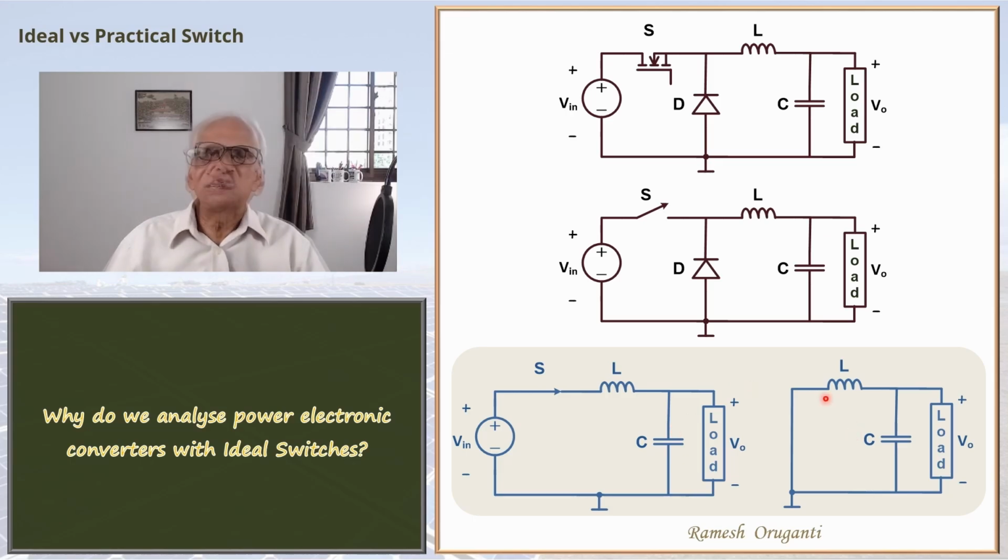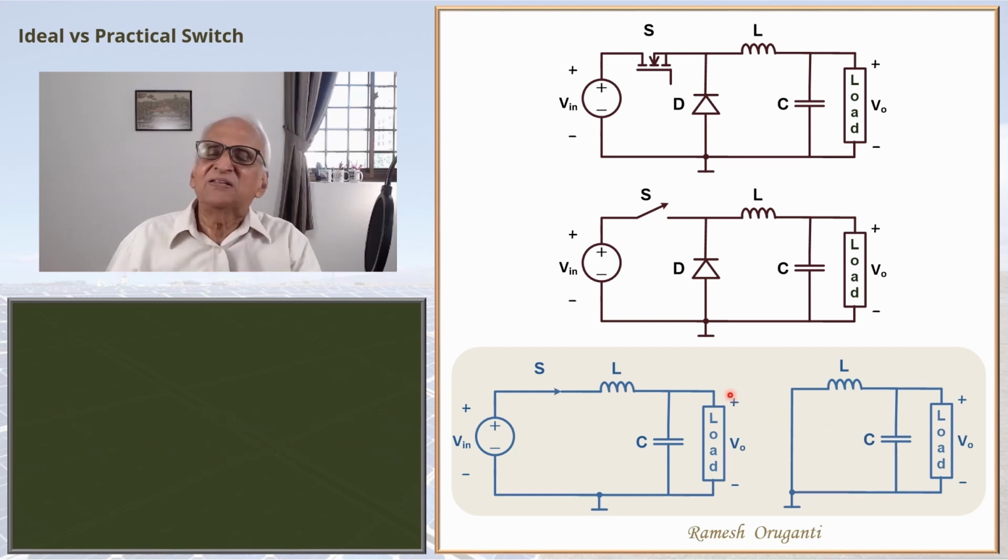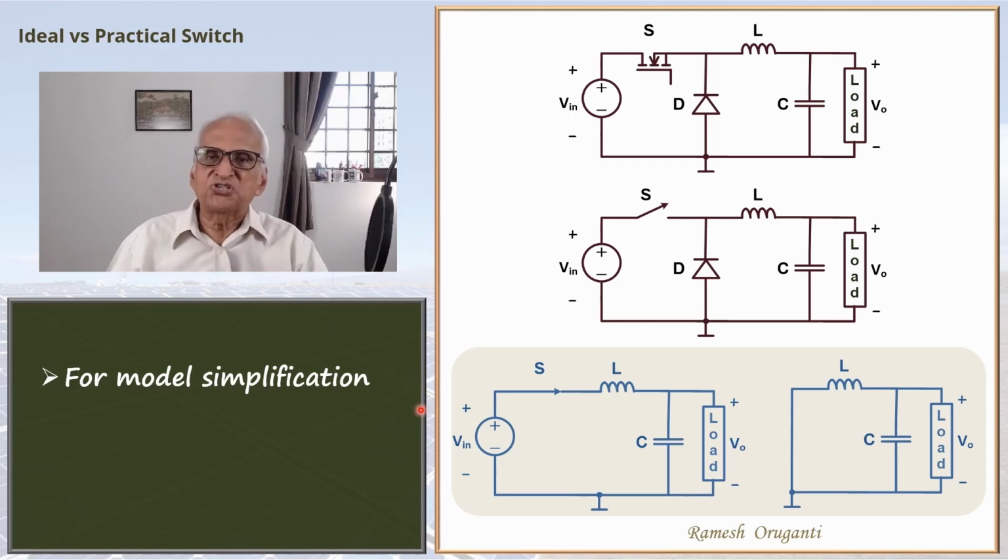So one of the reasons why we use an ideal switch in analyzing power converter circuits is, of course, to simplify the analysis. As engineers, we are always looking for simpler models that will do an adequate job. So for model simplification, that is definitely one reason. Even more fundamentally, the power converter circuits are invented circuits, and they have been invented with switches in mind, switches meaning ideal switches.